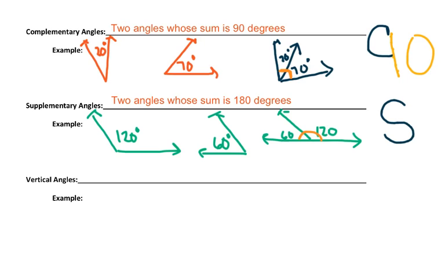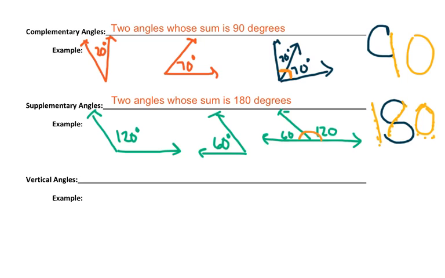I'm going to make that into an 8, so that's 180 degrees. So that's just a silly way to remember which one's which. So complementary, you can form 90 degrees out of that, or a 9 out of the C, and supplementary you can form a 180 if you're imaginative there, and that's a way to remember which one's which.